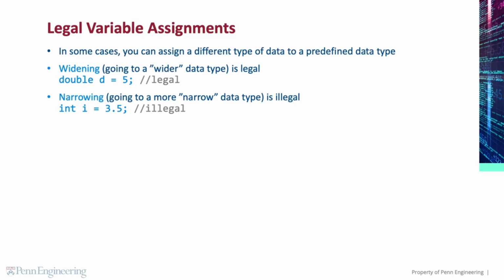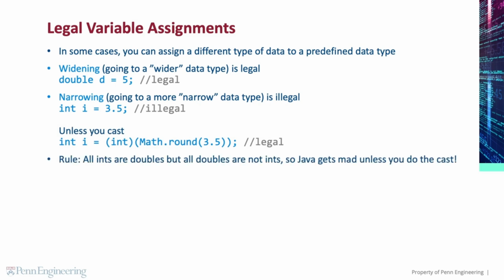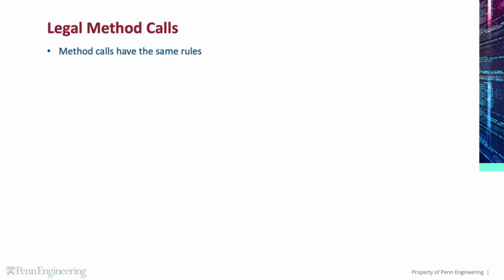This is illegal. Unless, of course, you cast. Here, we're rounding a double and casting to an int, and then assigning to a variable of type int. This is legal. As a rule, all ints are doubles, but all doubles are not ints, unless, of course, you first cast. Method calls have the same rules.